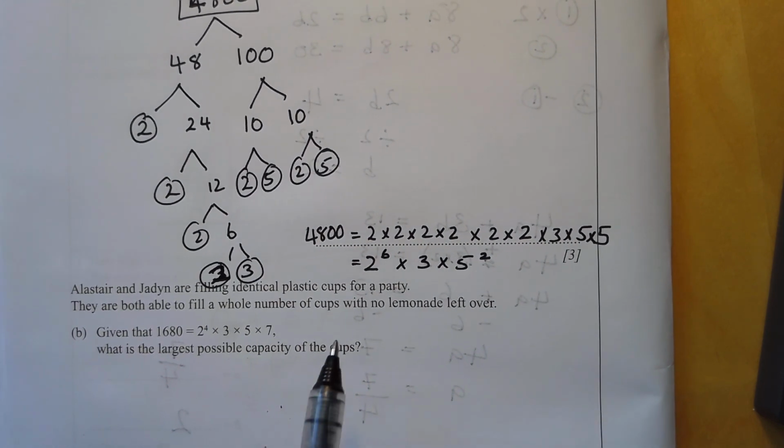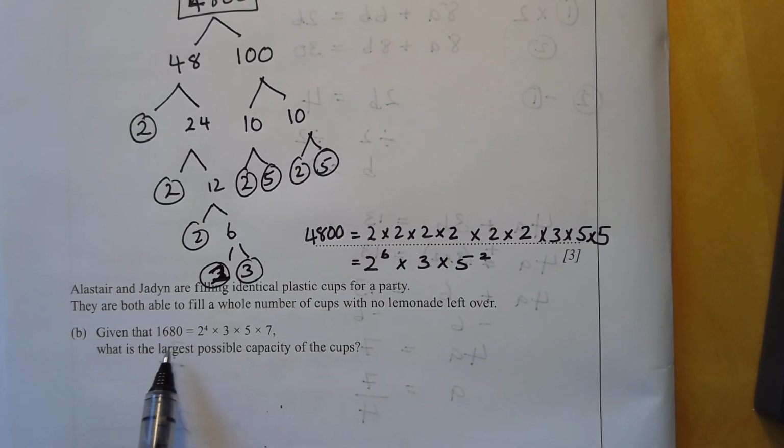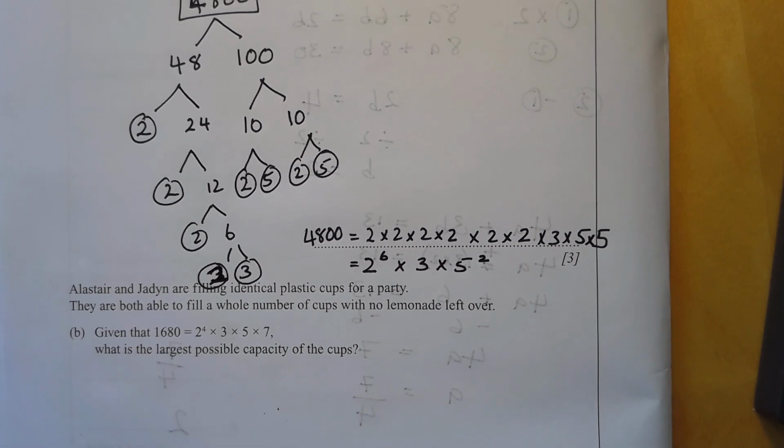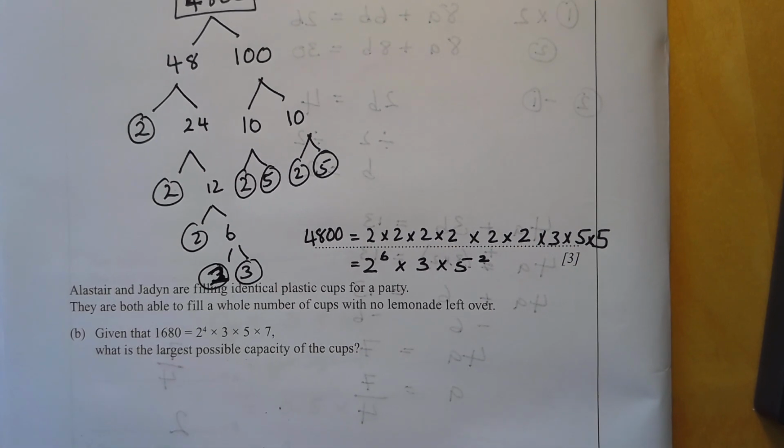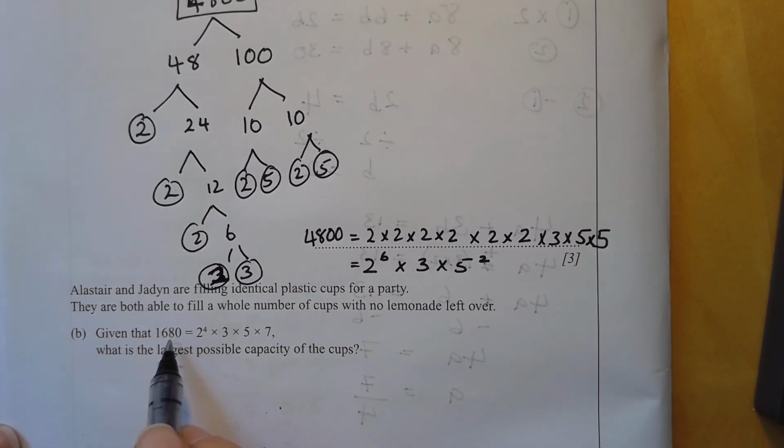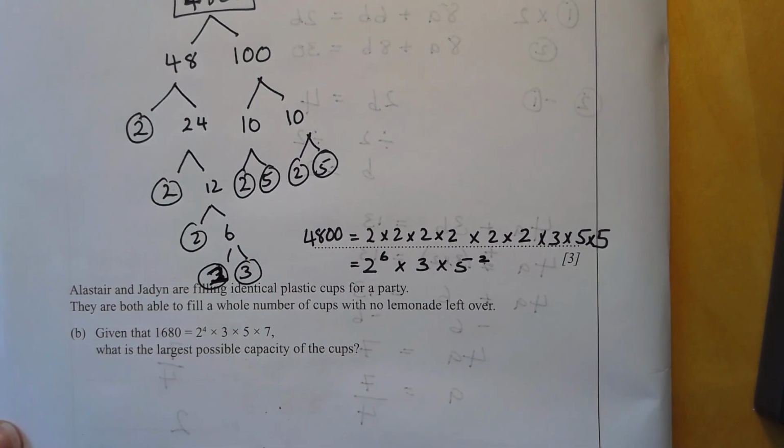They're filling identical plastic cups. Given that this equals this, what's the largest possible capacity of the cups? So this is a highest common factor calculation. It's as if we'd have done 2 trees, one with 1,680 and one with 4,800.